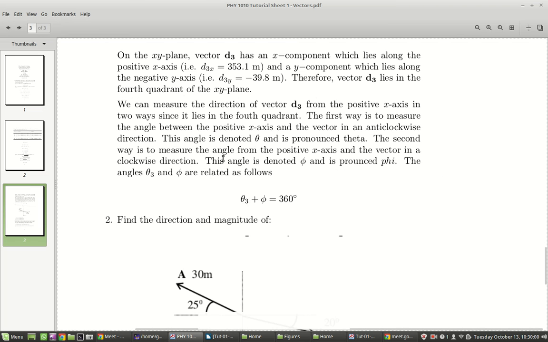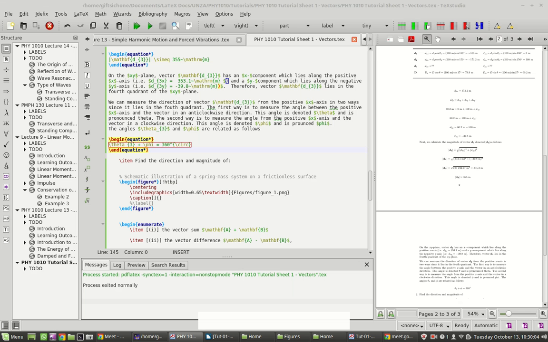Theta 3 is the angle from the positive x-axis, going in an anti-clockwise direction up to where the vector is. Then phi is the angle from the positive x-axis, going clockwise up to where the vector is. Those two angles are related like that.